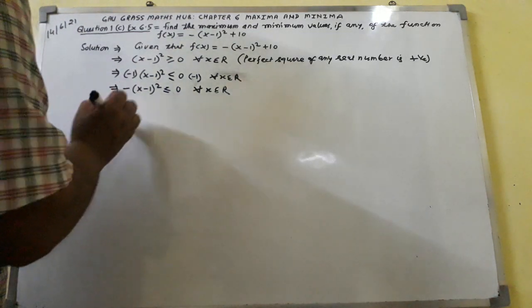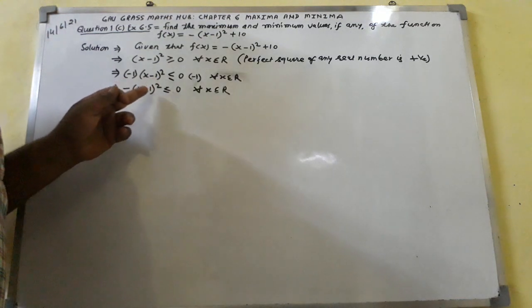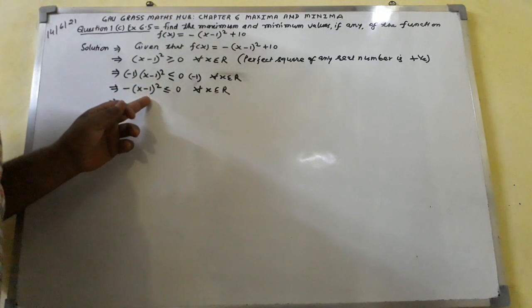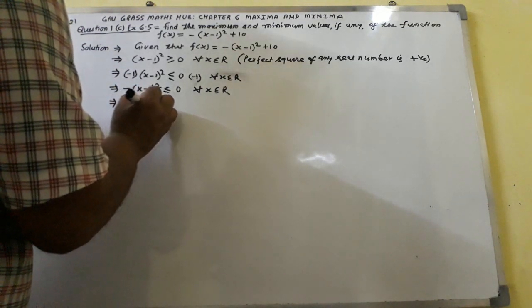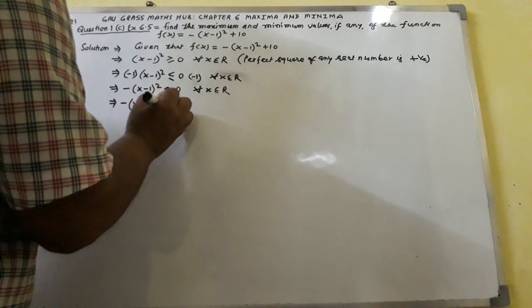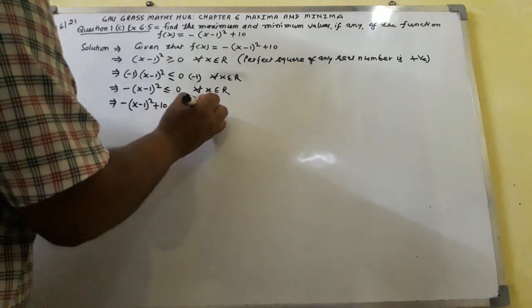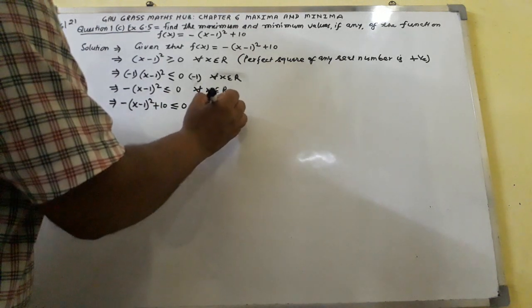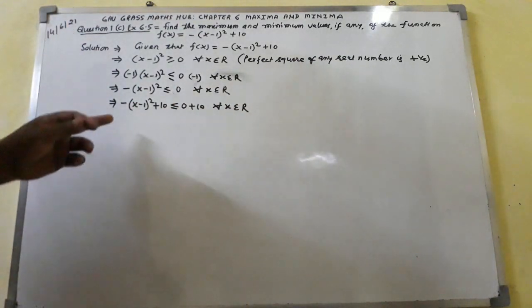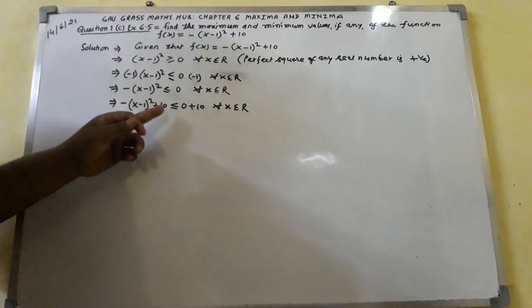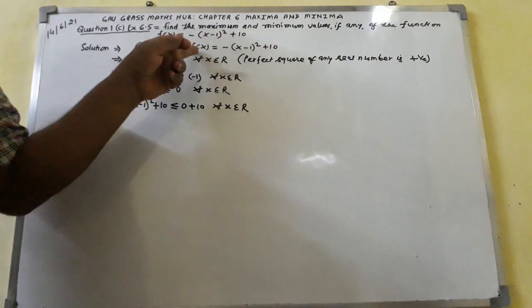What to do in this case? Here the left hand side, minus (x minus 1) whole square, will be added with 10. So here write minus (x minus 1) whole square plus 10 less than or equal to 0 plus 10, for all x belonging to the set of real numbers. Here minus (x minus 1) whole square plus 10 comes out to be f of x.